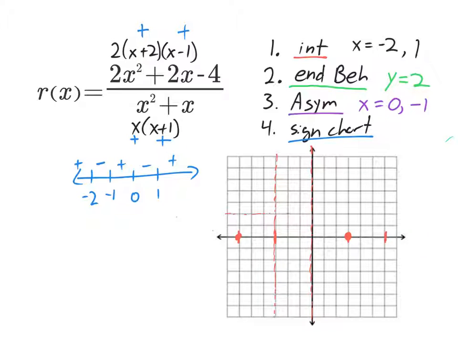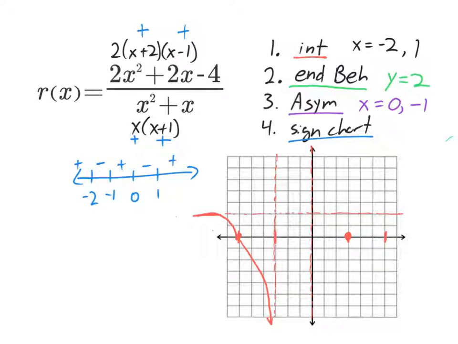So that's going to look right here. I'm going to start coming from here. I need to go down to here. Now, it says it's going to be positive, and then I hit 2, and then I need to go negative, so I'm going to go down negative. Then I hit this asymptote, and I have to stay negative because I know it's not going to become positive again.